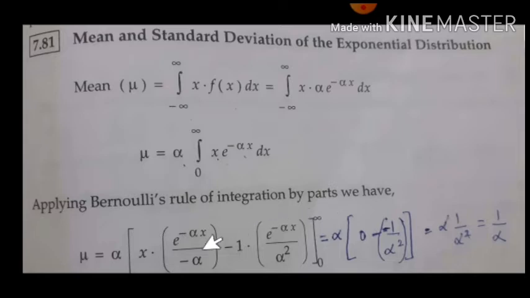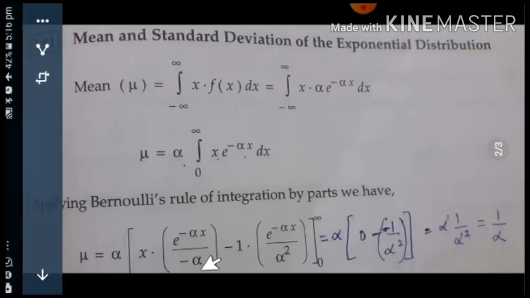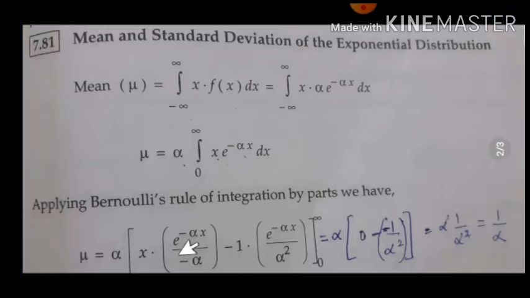Now when you apply upper limit, e to the power of minus infinity is 0, we know. Hence both terms become 0. And apply lower limit, since presence of x term, this first term is going to be 0, and second term, for applying lower limit, minus, and here minus is there, e to the power of 0 is 1.